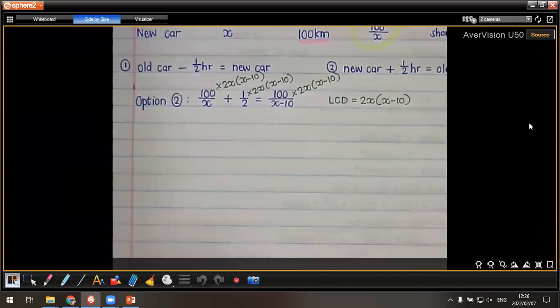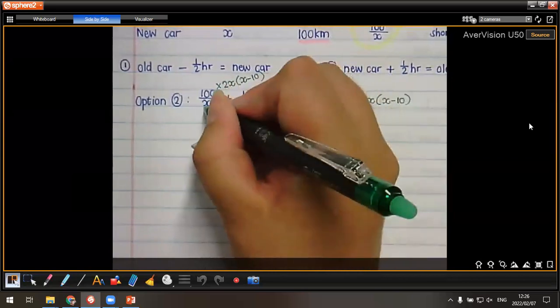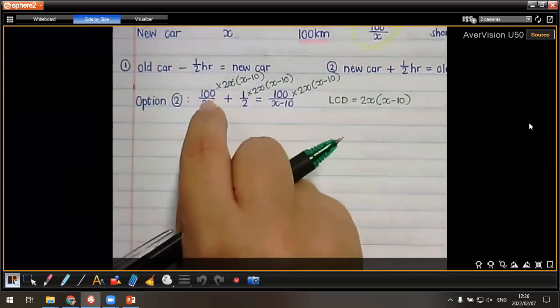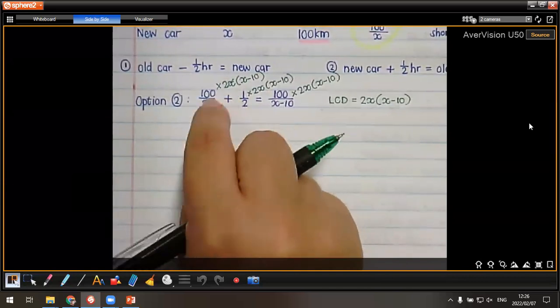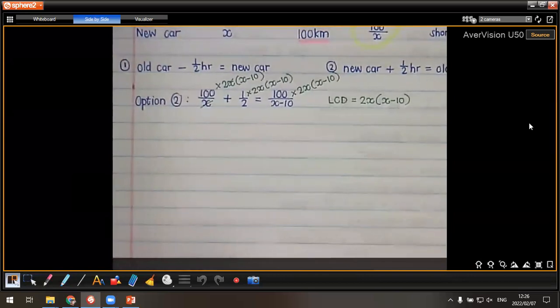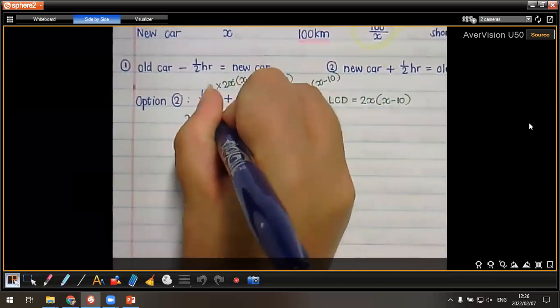Okay, now we can cancel out those denominators, right? If we're looking at the first fraction, the x at the bottom is going to cancel out the x that we're multiplying it by. So what am I left with, guys? 100 and a 2, which is 200, right? So 200 and then that bracket. So 200 x minus 10.